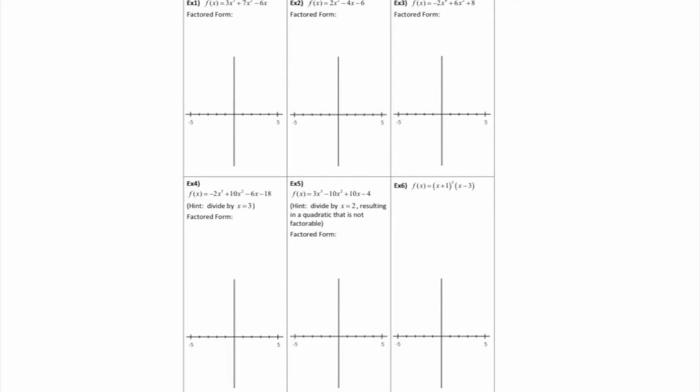What you'll see here is that I didn't give you any grids. I just gave you the x-axis with hash marks and a y-axis without hash marks because sometimes the y-intercept is going to be kind of a big number.